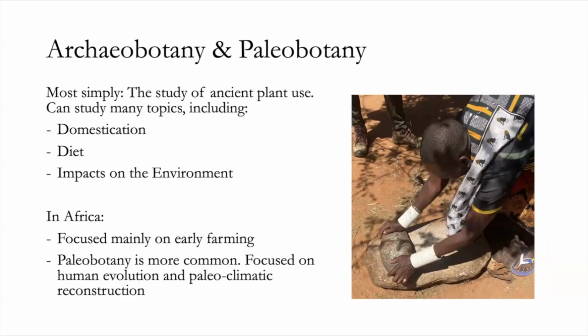So Africa, there is a pollen database that's been around for quite some time for Africa. That's been used in many studies of human evolution and also, as I mentioned earlier, paleoclimatic reconstruction. Similar techniques, similar questions, looking at similar kinds of remains. But archaeobotany, and especially this project, is really focused on what I was describing as the micro and macro botanical remains, so seeds, roots, tubers.